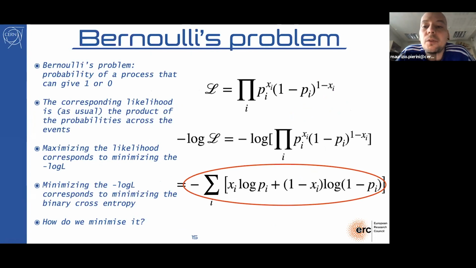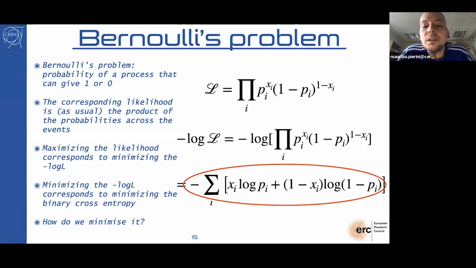In statistics, what you do is write down your likelihood, and then you look for the parameter p that maximizes your likelihood, given the observations that you have, which is how many objects belong to class 1, and how many objects belong to class 0. So maximizing the likelihood is equivalent to minimizing the negative log likelihood.